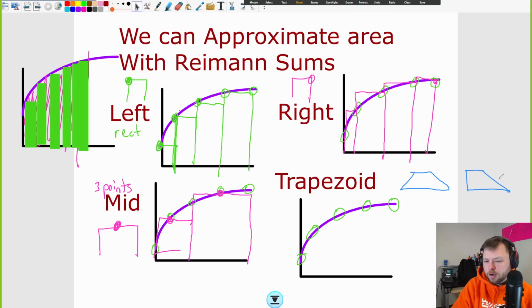They don't care if they're the same length at all. They don't care how they're oriented. So what we actually do for trapezoidals is we're building sideways trapezoids like this. So you got these 2 parallel lines, and we connect the 2 points with a straight line, and we're building that trapezoid.